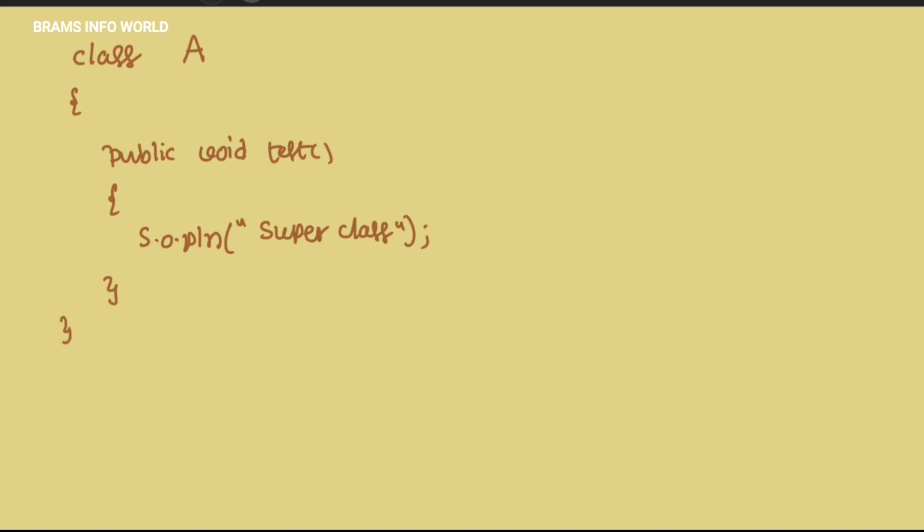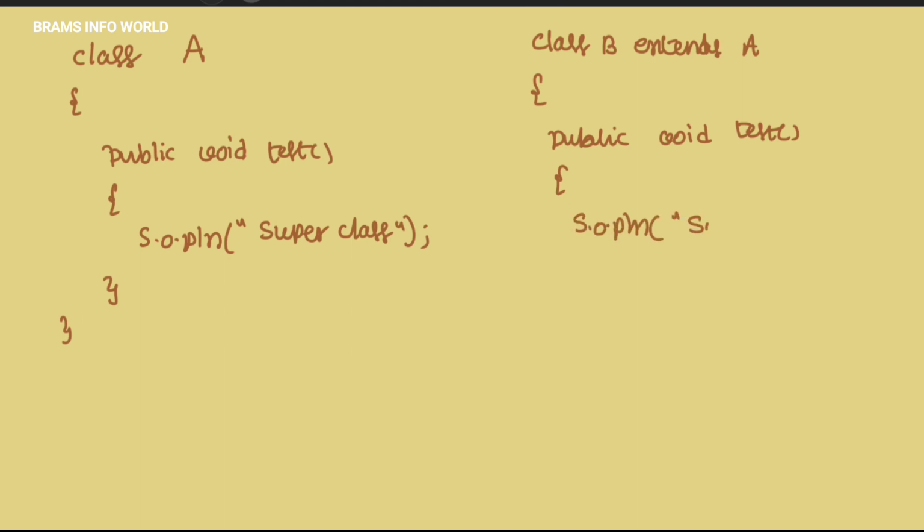Okay, so this is our class A, and there is a class B. I'm writing class B extends class A, that means inherited, public void, again I'm writing test. So here test, here also test, and System.out.println, in double quotations, subclass.